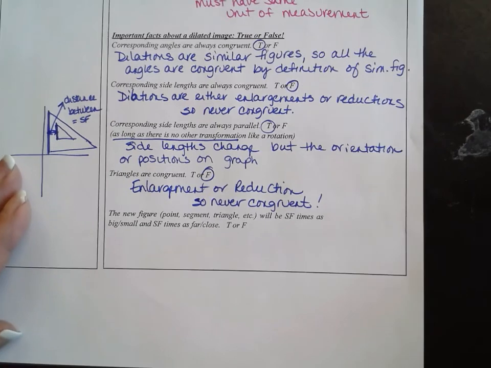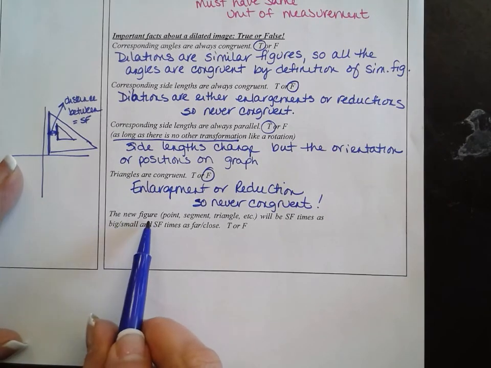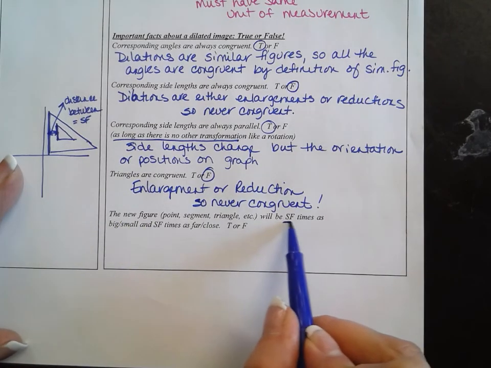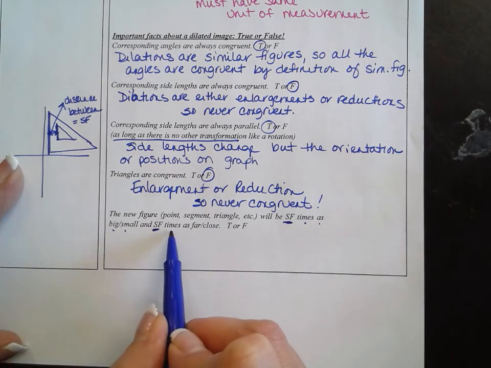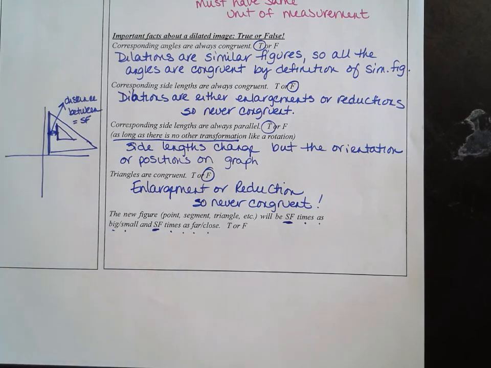Okay? All right. The new figure will be scale factor times as big or small, and scale factor times as far or close. True or false? What do you think?